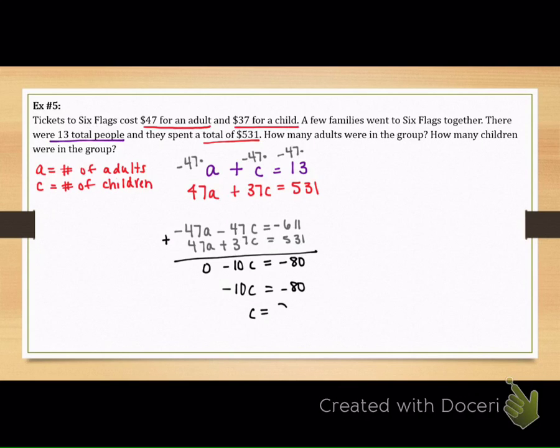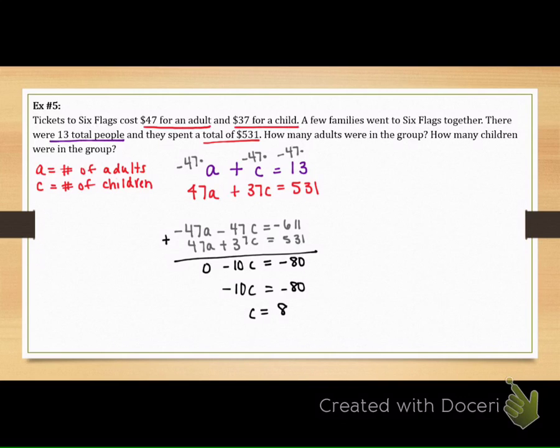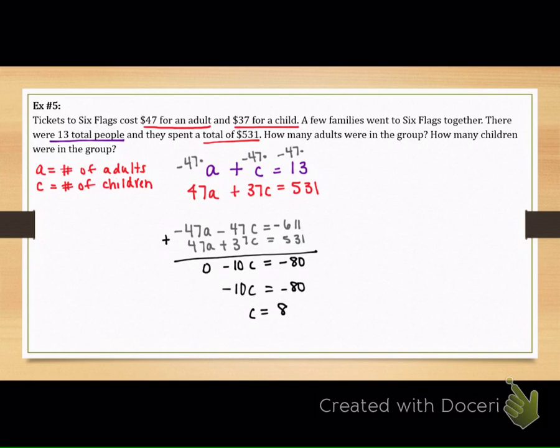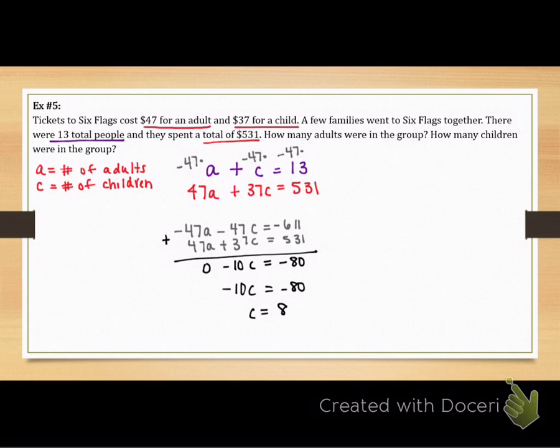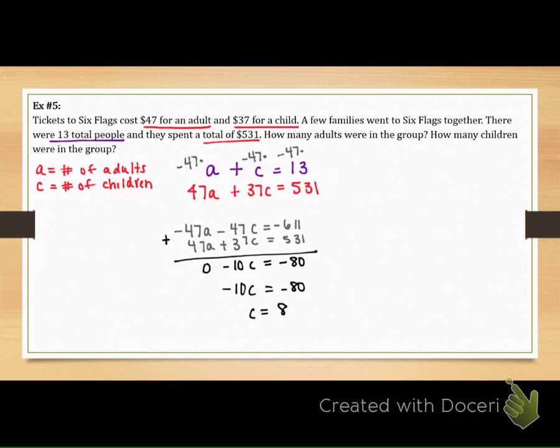So C equals 8. How can I find the number of adults then? And again, if you don't have to plug it back into an equation, you don't have to. I just do this on the notes so that you guys see it. If you guys can do it quickly on the calculator, I'm completely fine with that. But Spencer, how could we find the number of adults?